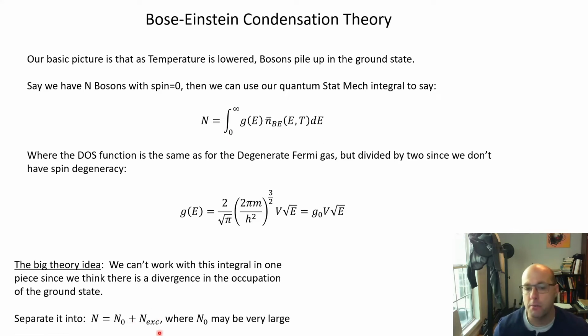And then a number of bosons that are in excited states, higher than the ground state. And that's a piece where there's no danger, where you could just do the integral, okay? So this is a really key physics input, right? When you have a phase transition, sometimes you need to break off the dangerous and the non-dangerous pieces.